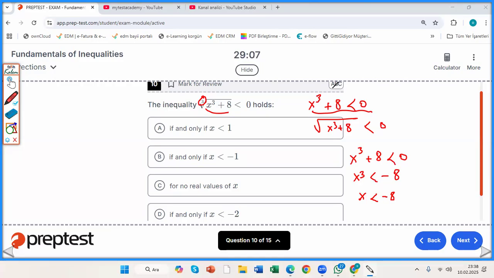Okay. Sorry, not 8, sorry, not 8, minus 2. X is less than minus 2. Okay. So, if and only if x is less than minus 2 is true. Okay, good.